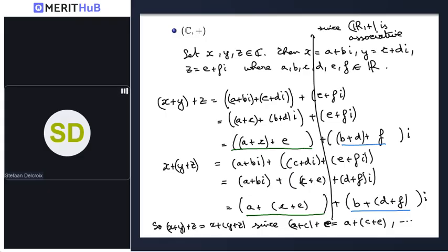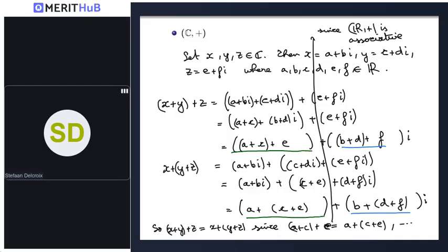That's the one we need. Okay, so these are kind of proofs that you should be able to write down that the complex numbers under addition are associative. Start with three complex numbers, add them in two different ways, and explain why you get the same answer. So the good news is the complex numbers are associative under addition.